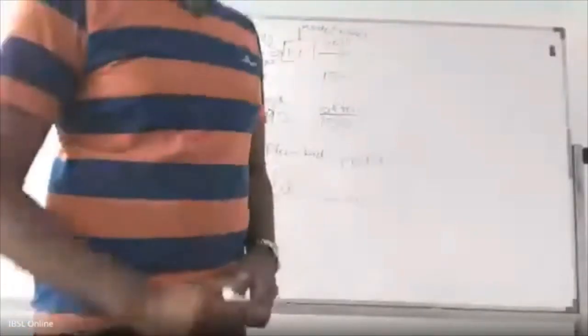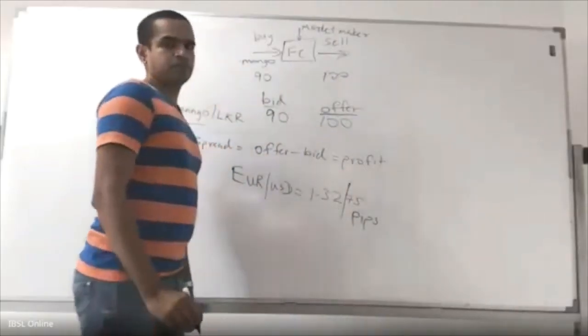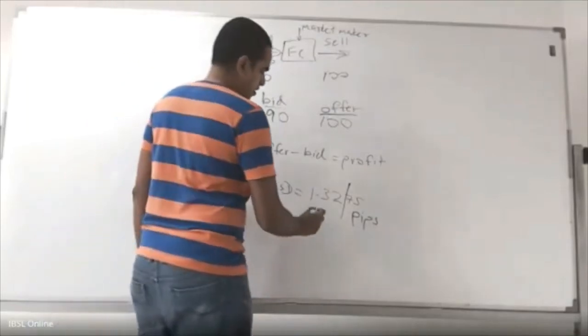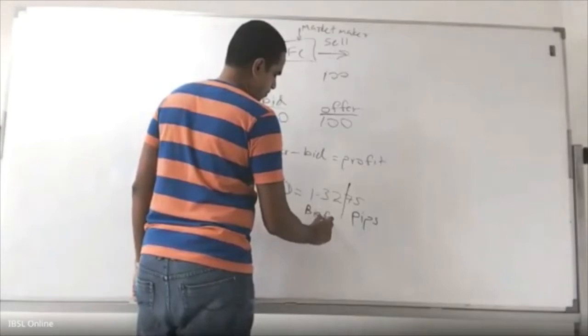Now, in an exchange rate, the last two decimals are called pips. What comes in front is called the big figure.